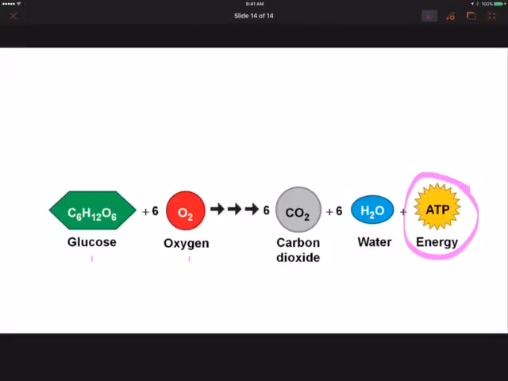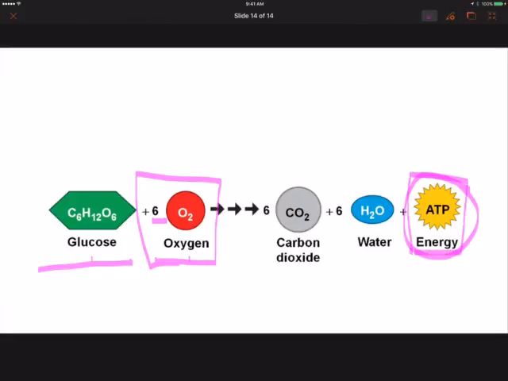Whereas in humans, we have to eat the glucose. We have to breathe in the oxygen molecules, and it's going to be 6 separate oxygen molecules. That oxygen goes to one of my cells, enters the cell, enters the mitochondria, and produces my energy, my ATP.